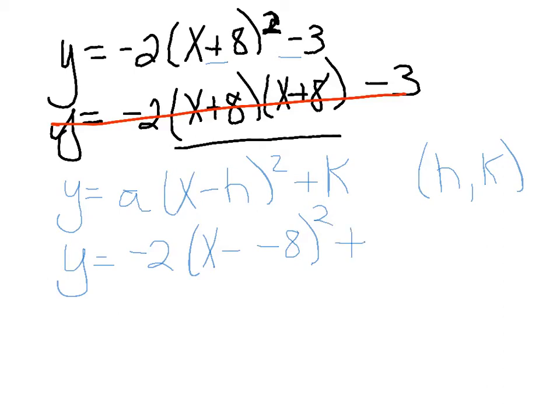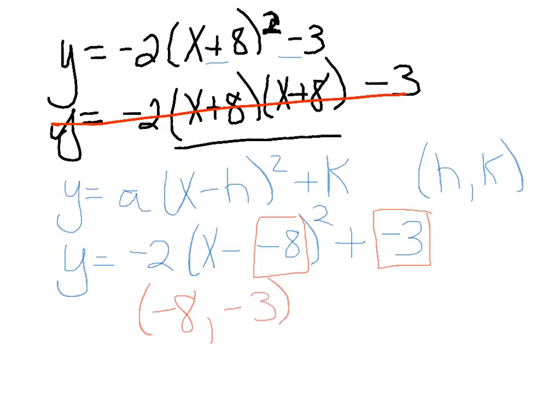And then I need a positive here, but I need to keep that negative. So again, it would turn back to a -3 if I cleaned up my signs. If I do that, then I can read this HK straight off. So my vertex would be the ordered pair -8, -3. All right, with my line of symmetry being -8.